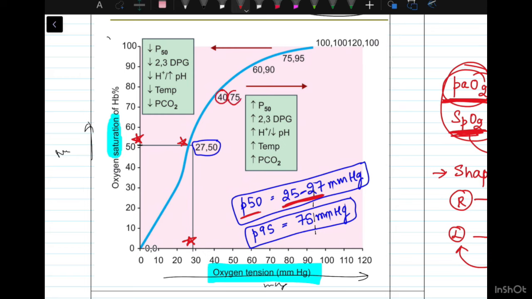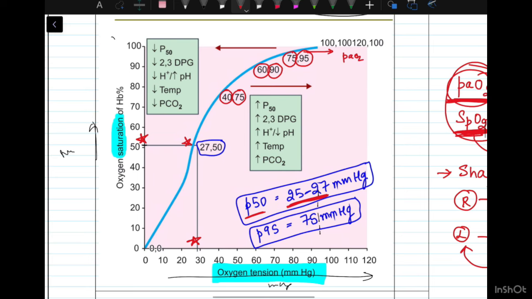You can see at a partial pressure of 40 the saturation is 75. At a PaO2 of 60 there is 90%, SpO2 of 90, and at a PaO2 of 75 there is 95, after which it becomes flattened out.